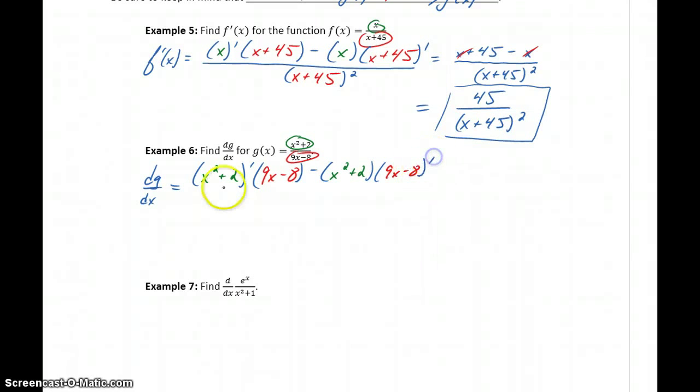So to find dg over dx, we would take the derivative of x squared plus 2 times 9x minus 8, minus x squared plus 2 times the derivative of 9x minus 8, all over that original denominator squared.